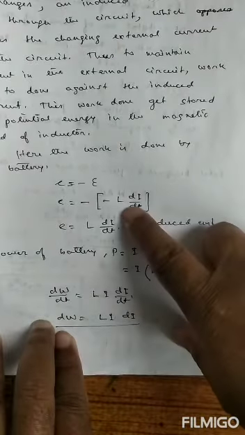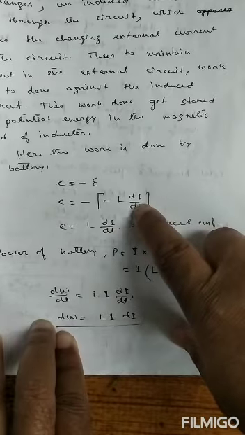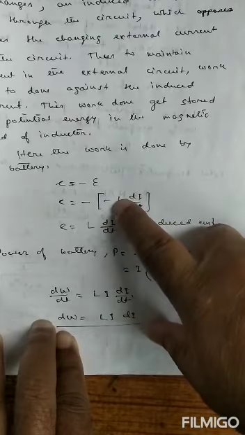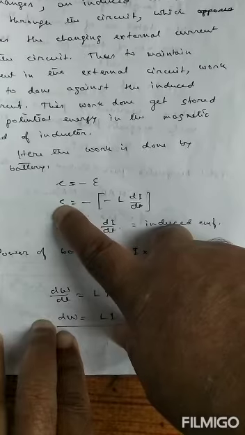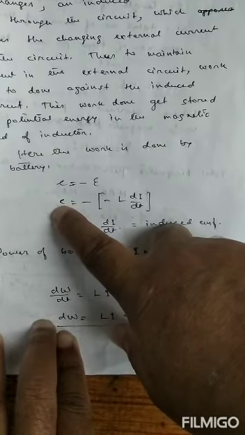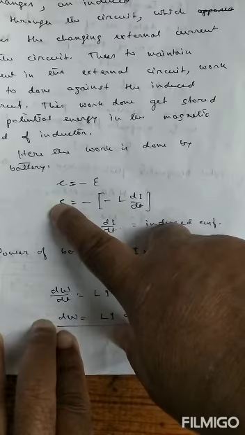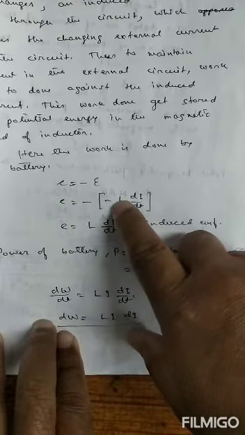What is induced EMF? Minus L di by dt. This is the induced EMF. This is the potential difference across the external battery, or the EMF of the external battery.